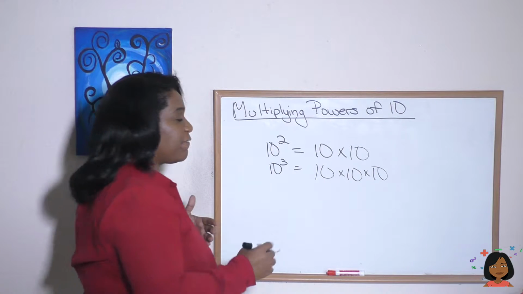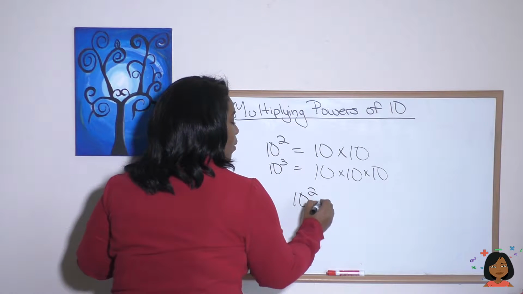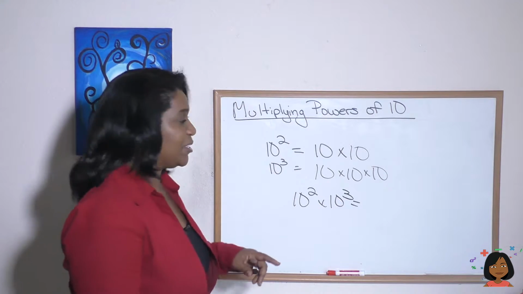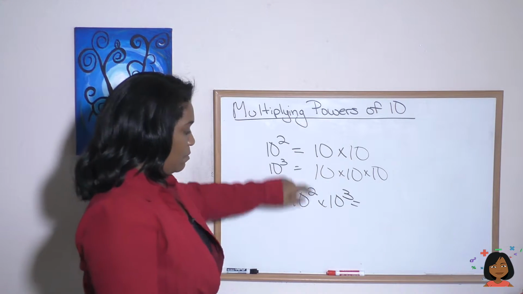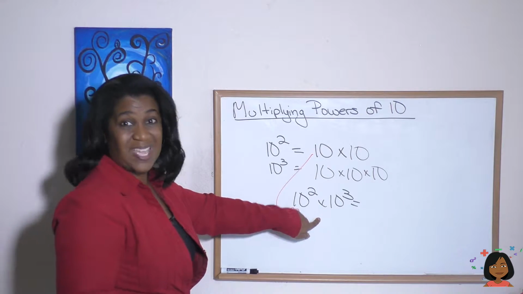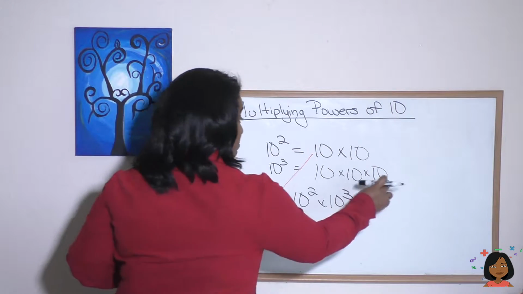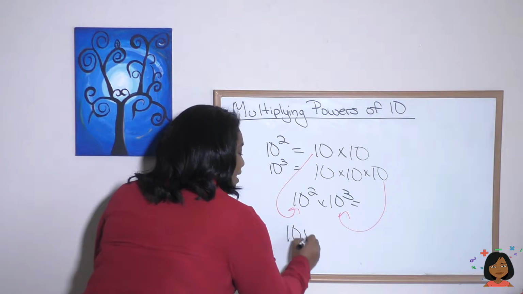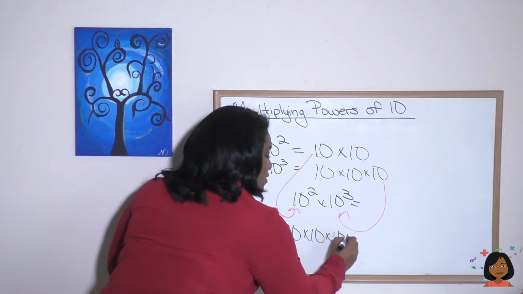Now, if I wanted to do 10 squared times 10 to the third, it essentially would be saying 10 times 10, that's what this is, times 10 times 10 times 10. I might as well go ahead and write that out for you. 10 times 10, and then 3 more.